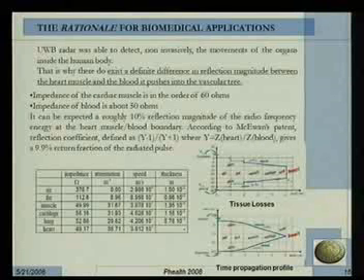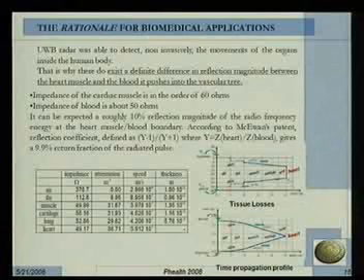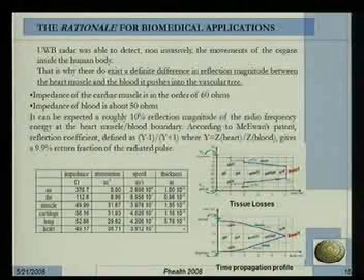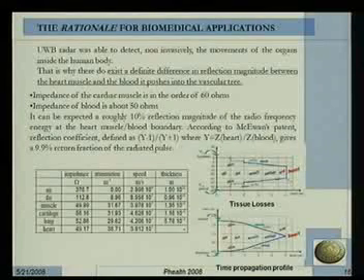The rationale for biomedical applications is related to the mechanism that is based on the differential electromagnetic impedance between different layers of biological tissues encountered by the signals starting from the thorax, for example, towards the heart.